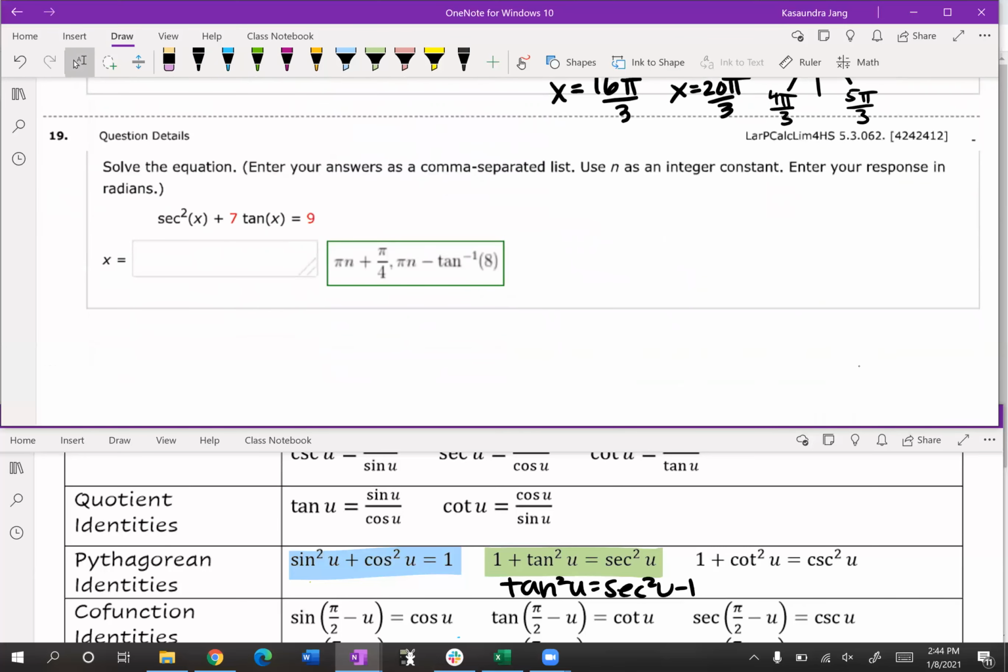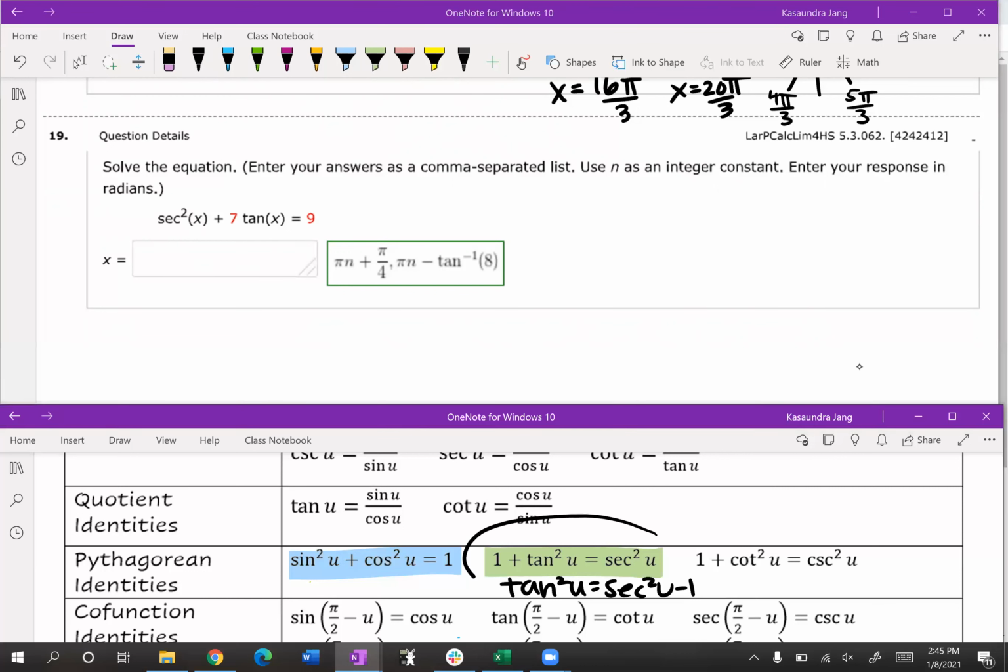Number 19 here, solve the equation. And I'm noticing that I've got two different trig functions. I got a secant and a tangent. But I'm thinking, first of all, I saw secant squared. I'm thinking Pythagorean for that. Also, secant and tangent are in the same Pythagorean identity, so I think I'm going to go with this same one I had at the bottom here.